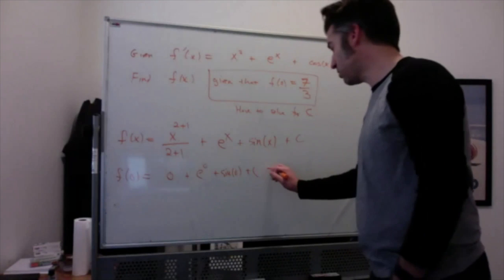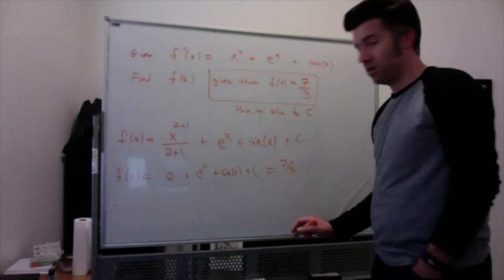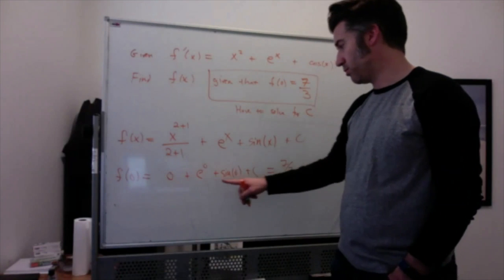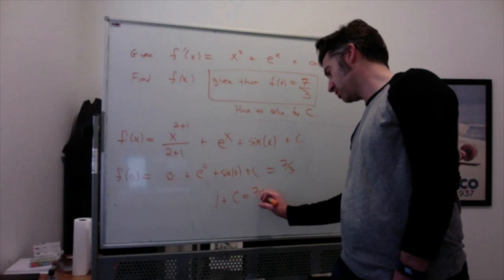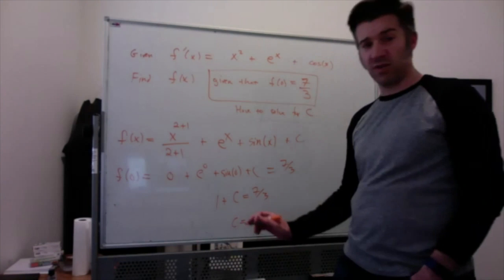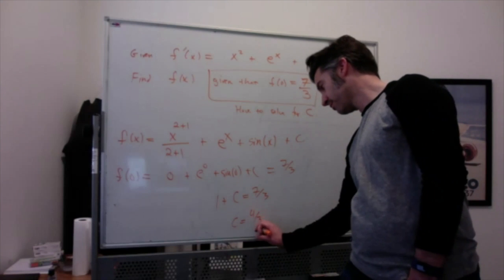And this is equal to 7/3. So 0 plus 1 plus 0 plus c equals 7/3. So c equals 7/3 minus 1, which is 4/3.